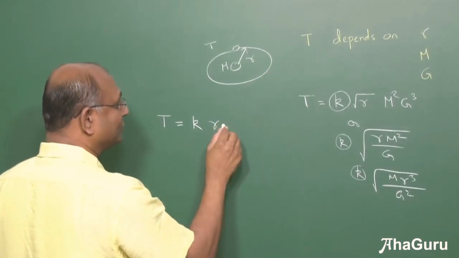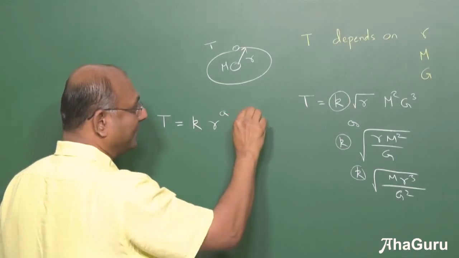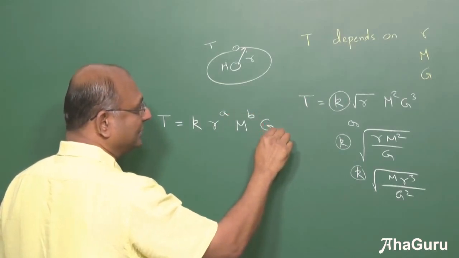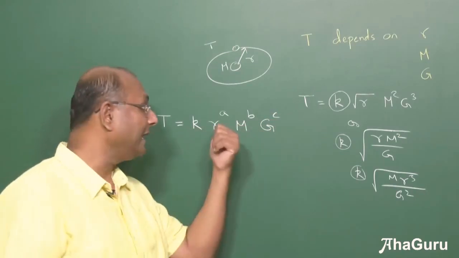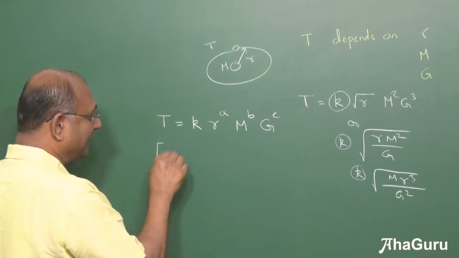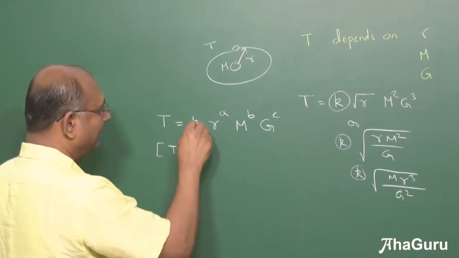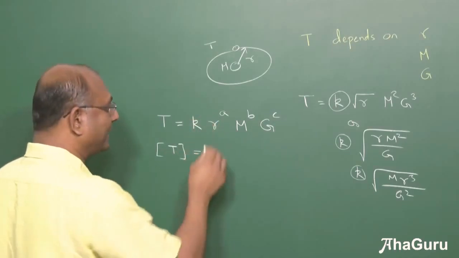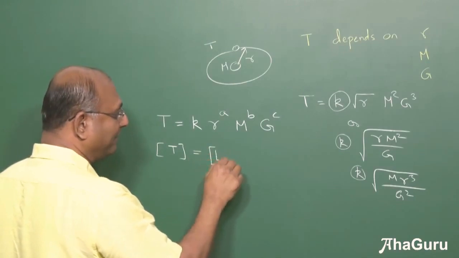It depends on R, so it must be R power something, A. It depends on M, so it must be M power B, and it depends on G, so it must be G power C. Now I want to find out what A, B and C are. Now the dimensions of T, of course, is T, time. Dimensions of K, nothing, so I will ignore it. The dimensions of R is length, so length power A.